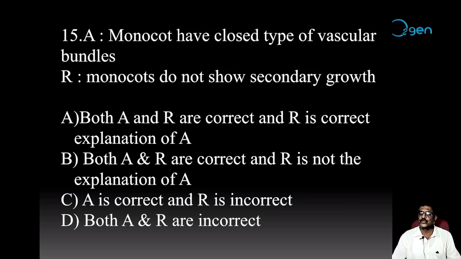Monocots do not show secondary growth. Yes, monocots do not show secondary growth, because of the absence of cambium. Both assertion and reason are correct, but reason is not the correct explanation of assertion. So hence option B is correct.